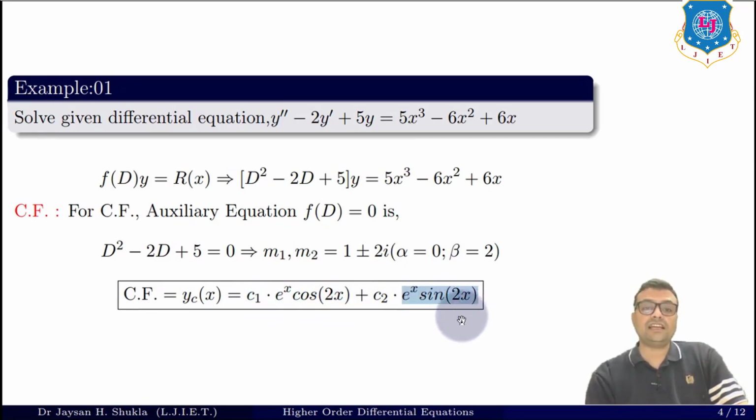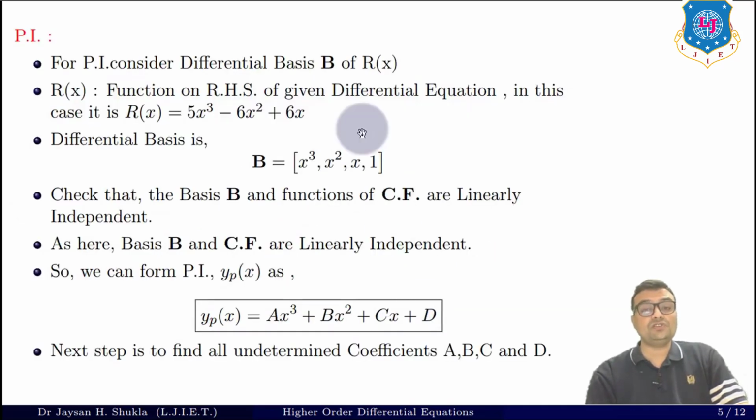I will check whether any of these two is coming into the differential basis or not. Fortunately, there is no repetition between these elements of the complementary function and the basis. That means this is a valid differential basis.